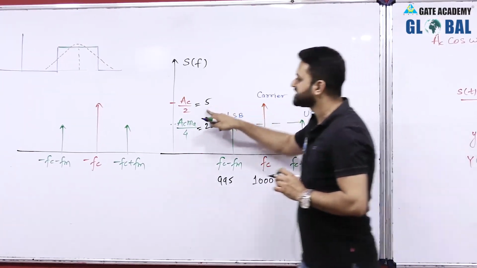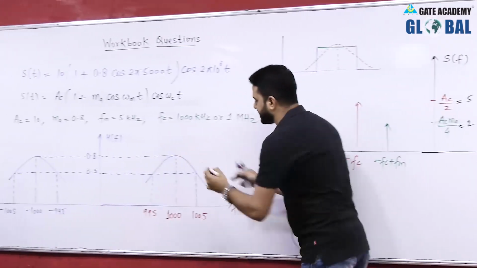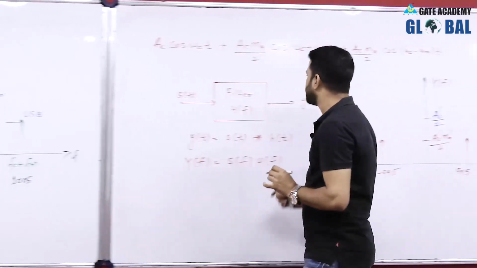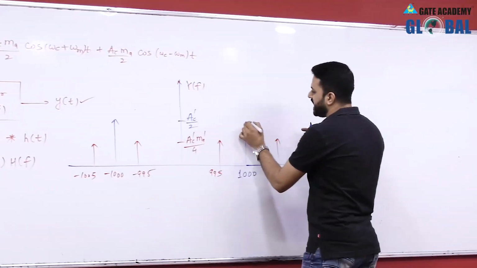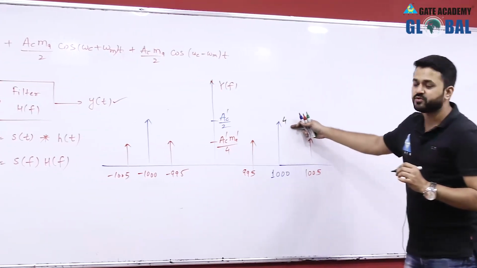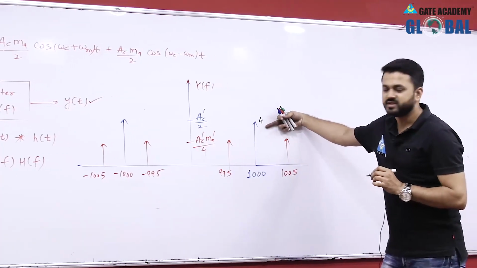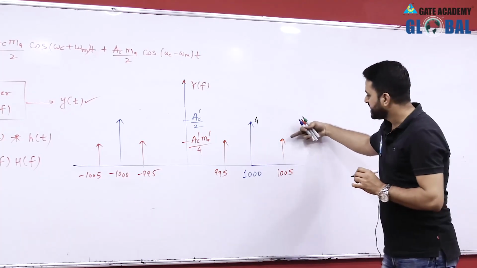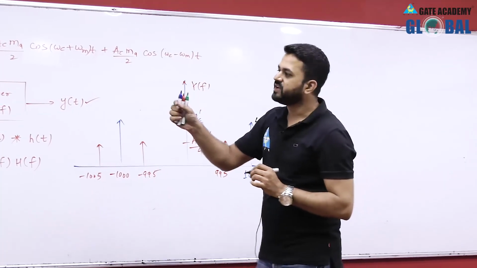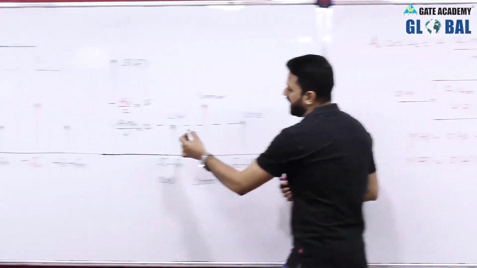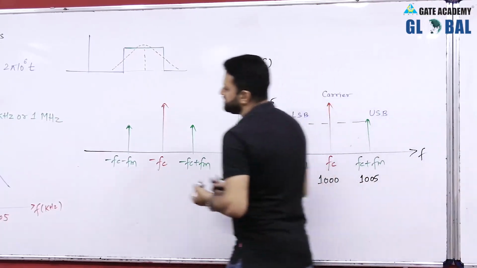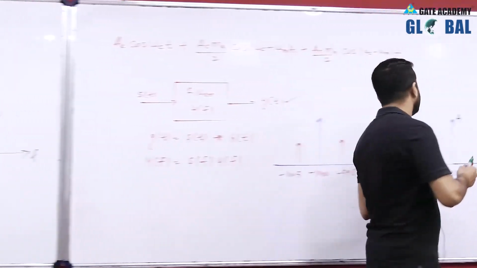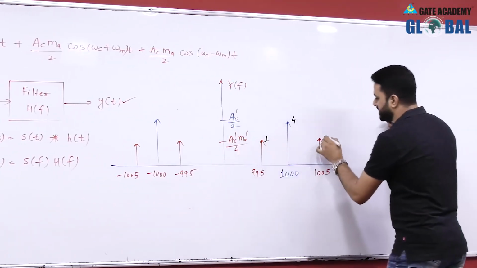This 5 is multiplied with 0.8, so we get an amplitude at 1000 equal to 4. And at 1005 we multiply this amplitude of 2 volts with 0.5. So 2 into 0.5 is equal to 1. So here the amplitude is 1.